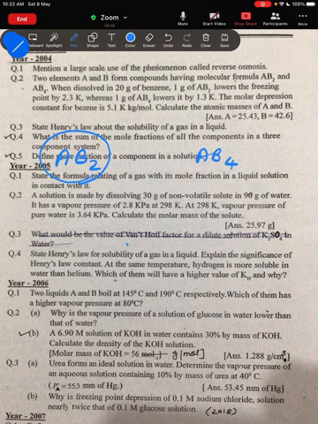So that magnitude is obtained by A plus B plus B, that is AB2. Similarly here A plus B plus B plus B plus B. This is AB4. So this you keep in mind. Now we are going to find out the molar mass of AB2 and molar mass of AB4.